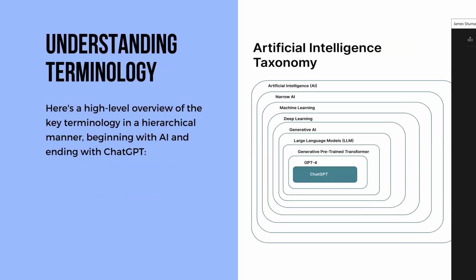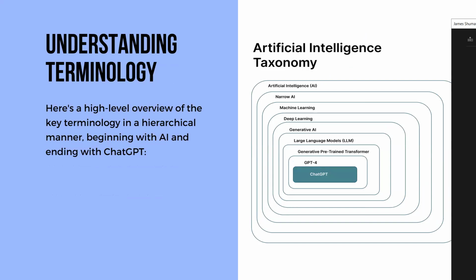AI is a complex topic, as we all know. It is important that we develop a fundamental understanding of AI's basic concepts as they relate to each other. So we'll explore terminology from the large-scale AI to very specific ChatGPT, something I'm sure many of you have experience with.